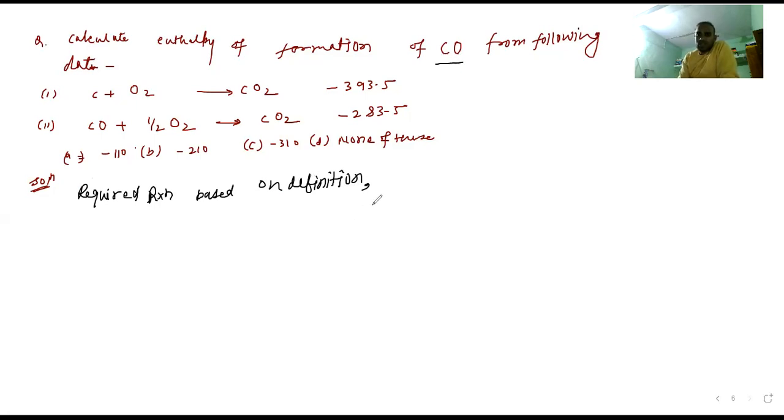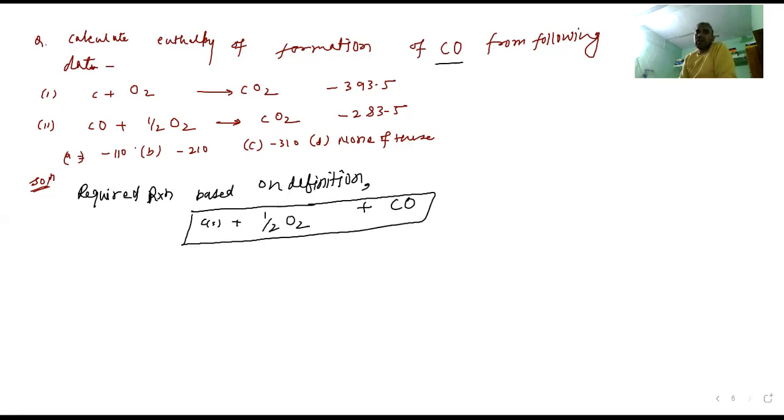This is CO. What is the element here? Carbon solid, plus half O2 is required. This is the required reaction, always written from the definition of the enthalpy of formation. The elemental state of oxygen is O2 and carbon is solid carbon. From there we have prepared CO.